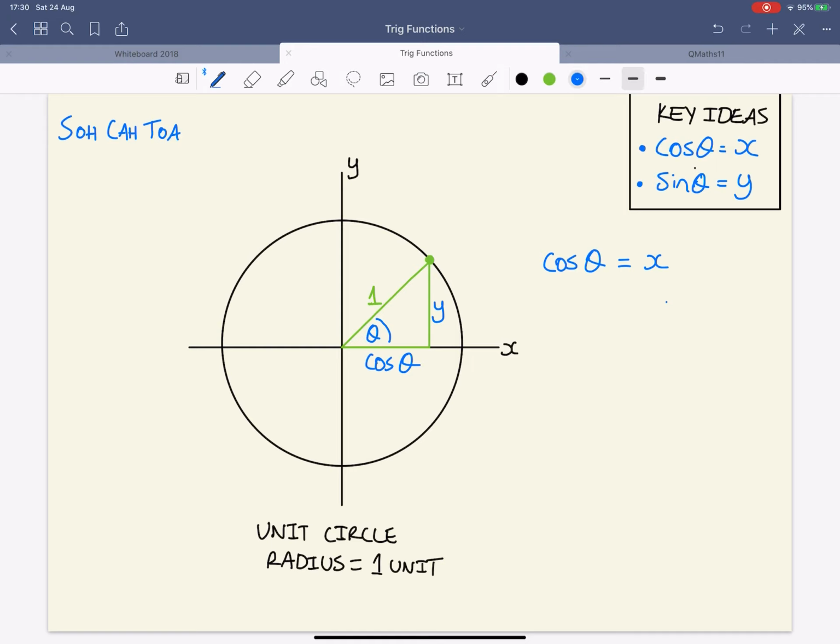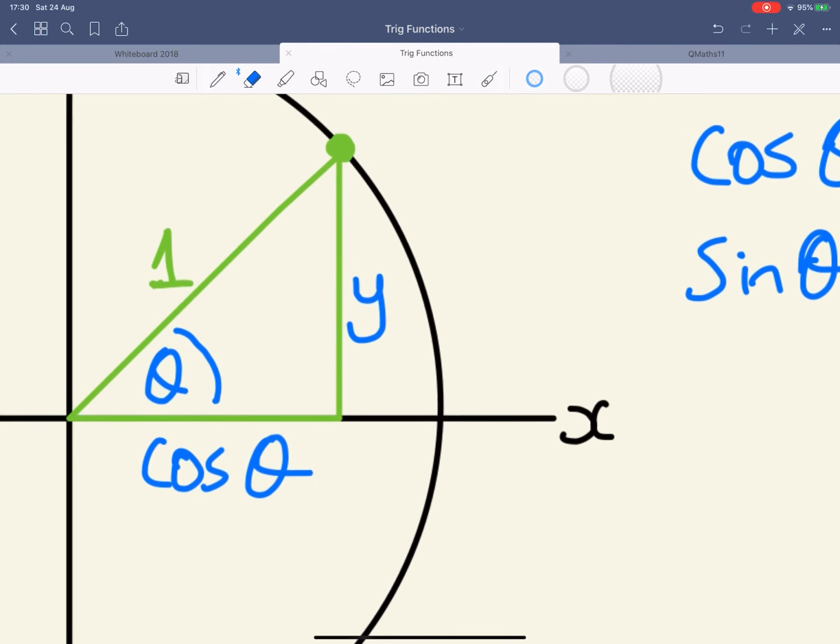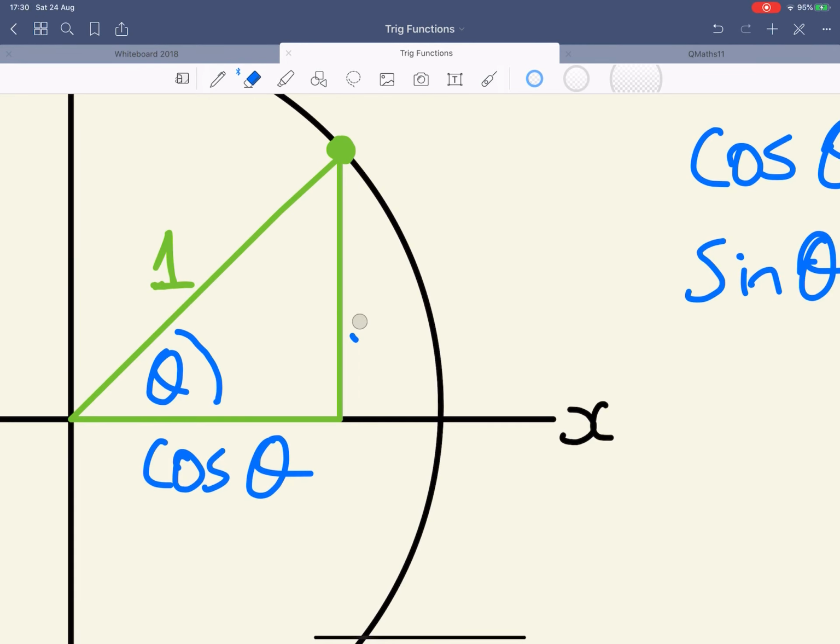So we can write our last key idea, that the sine of this angle is just y, okay? How high up or down along the y-axis you are. So again, if I zoom in here, I can rewrite y as the sine of that angle.